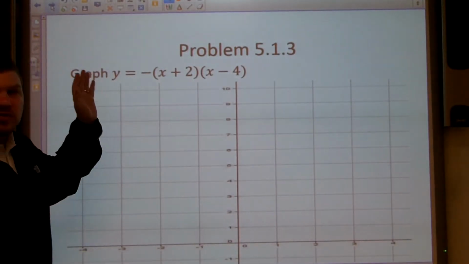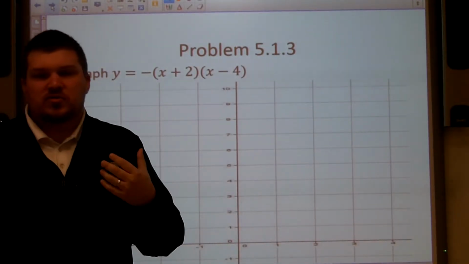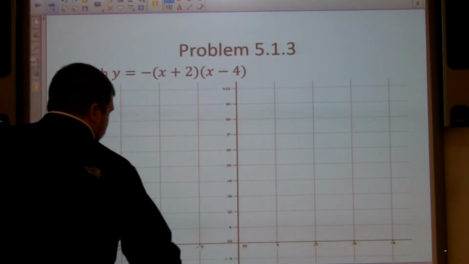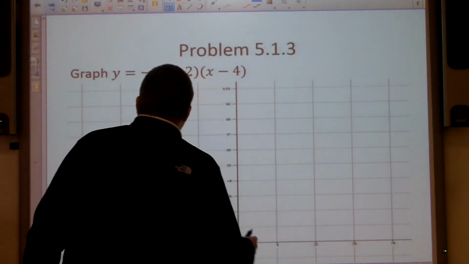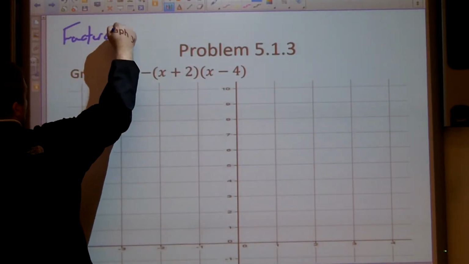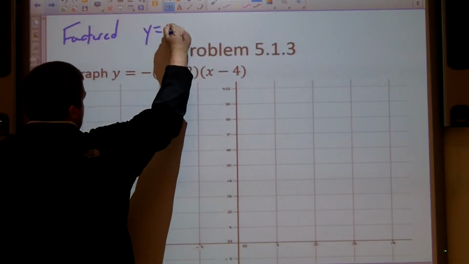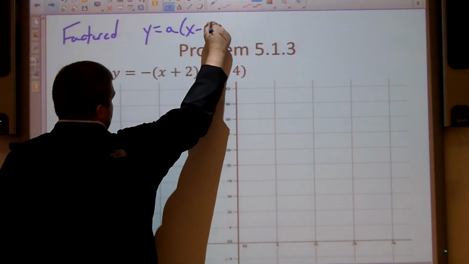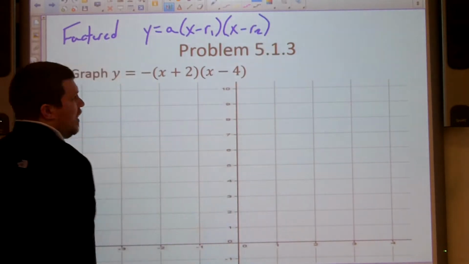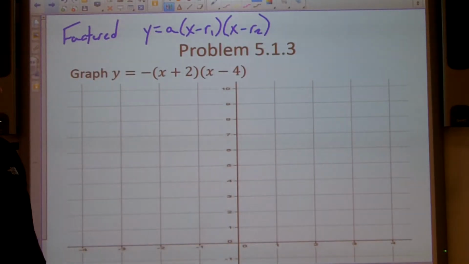Is this standard, vertex, or factored form? This quadratic function is actually in factored form. So I always like to write down the rule for factored form first. So, we have factored form. And that's y equals a times the quantity (x minus r1)(x minus r2). And then we just easily list out what we have.